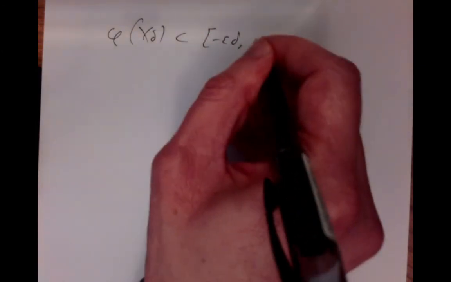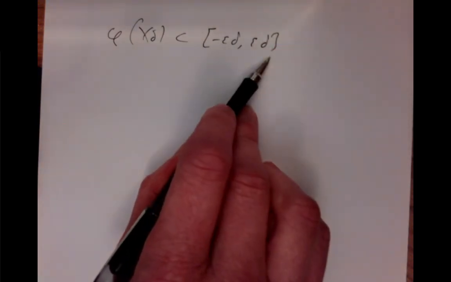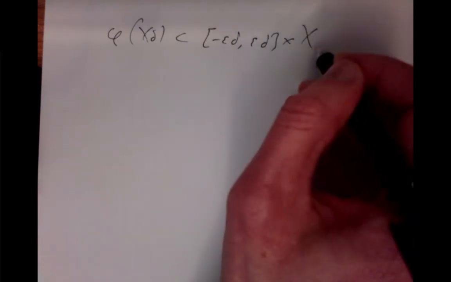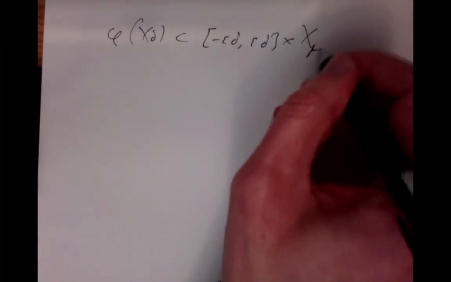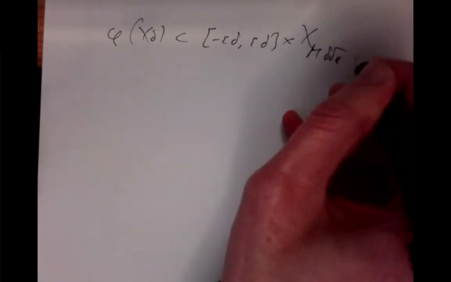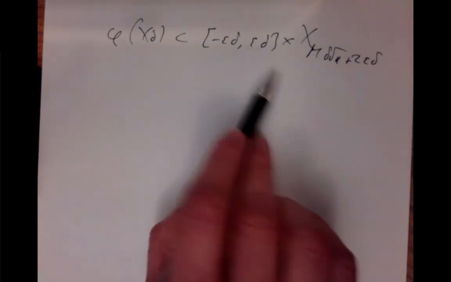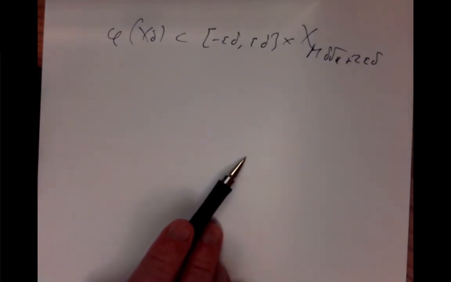Now what we need to do is figure out what happens with our nonlinear map. We have phi of our box of size delta is contained in an interval from minus epsilon delta to epsilon delta, because it got a little bit further away from the linear map by only this factor, crossed with the same box we had for the linear factor, but we have to put a 2 epsilon delta because it might stretch up and down, and this is off to the side. So it's going to go a little bit away from there.